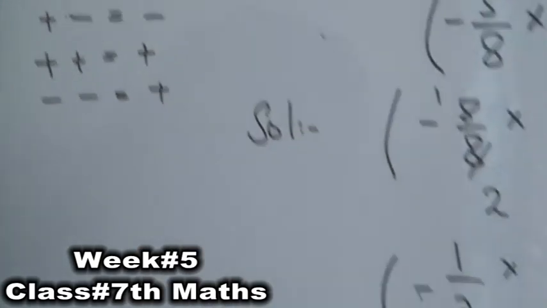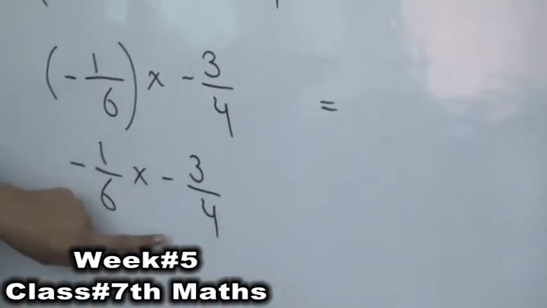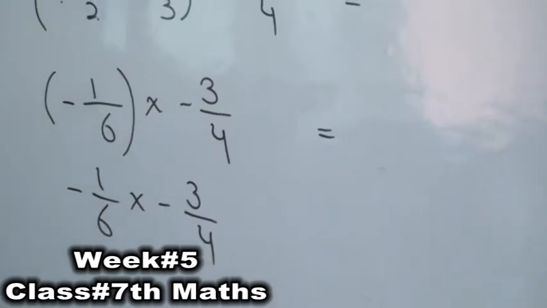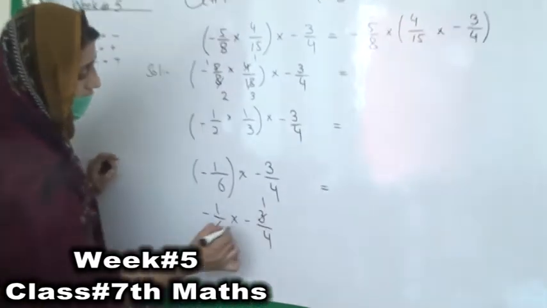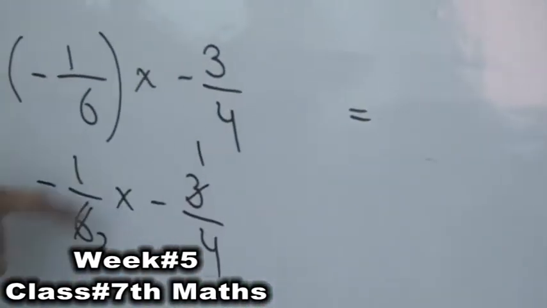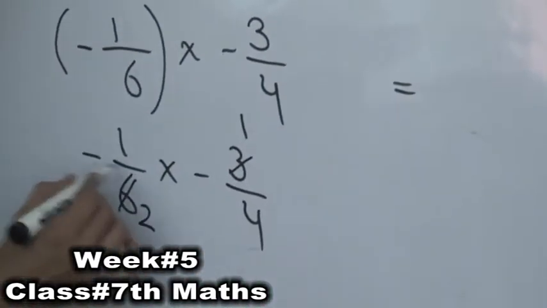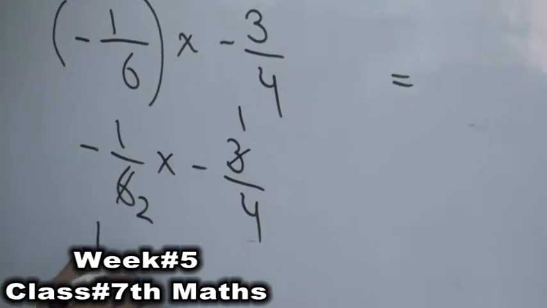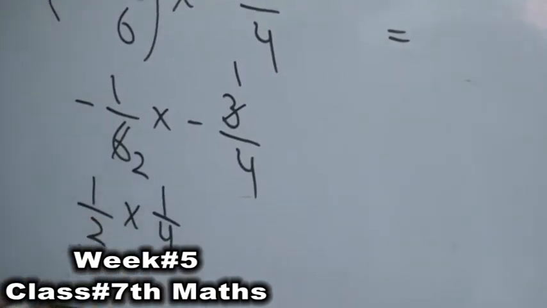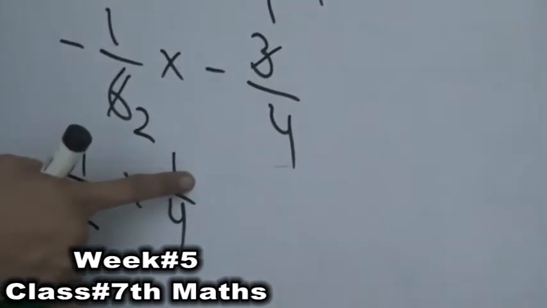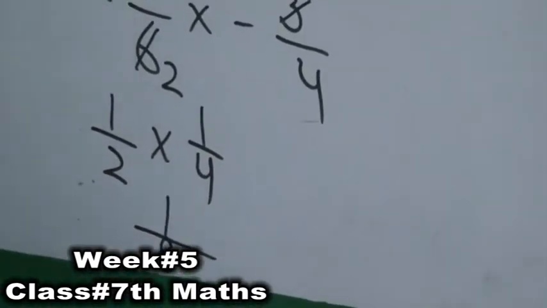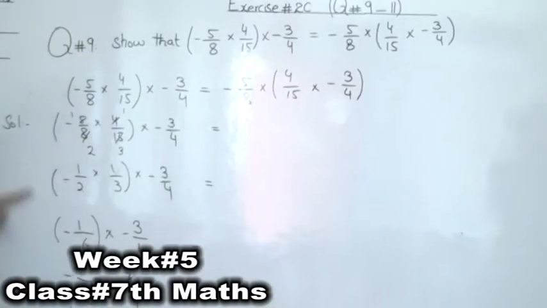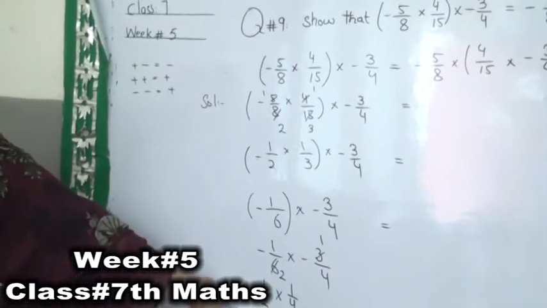Here minus 1 by 6 multiplied by minus 3 by 4, minus minus will become plus, and 3 ones are 3, 3 twos are 6. It will be cancelled. Here we get plus 1 by 2 multiplied by 1 by 4, that is equal to 1 multiplied by 1, 1 by 4 twos are 8. Here the answer of the left hand side is equal to 1 by 8.